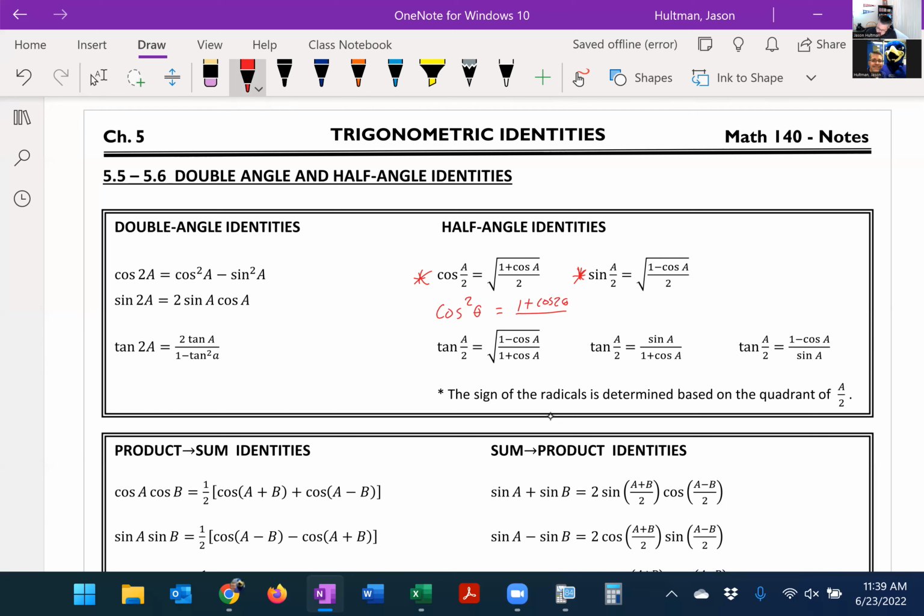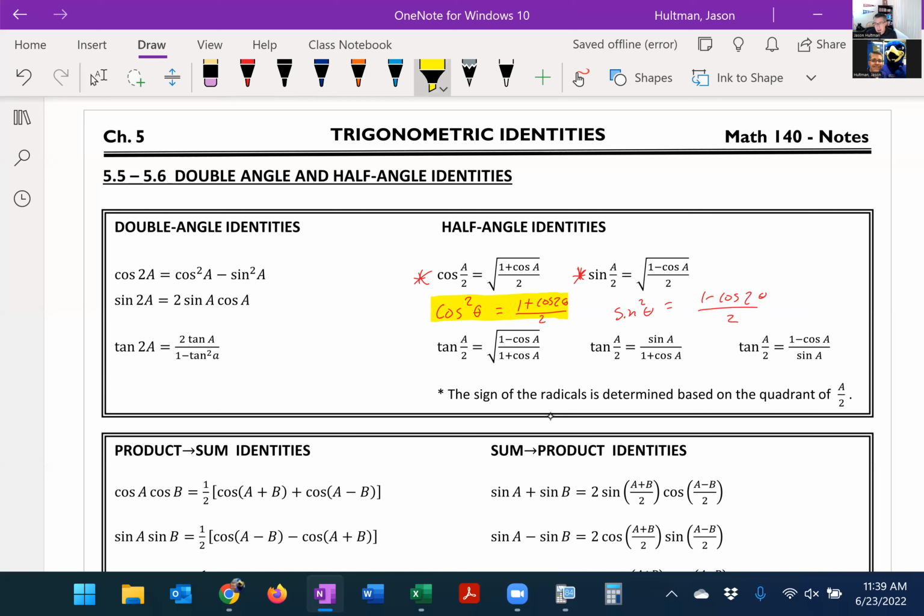So cosine squared theta is 1 plus cosine of 2 theta all over 2. And the other one would be sine squared of theta. Basically, I would square both sides. Sine squared theta is equal to, not the square root, 1 minus cosine of 2 theta all over 2.